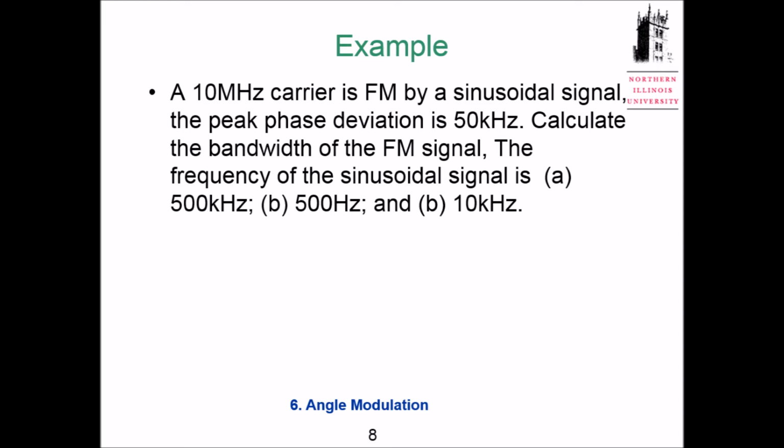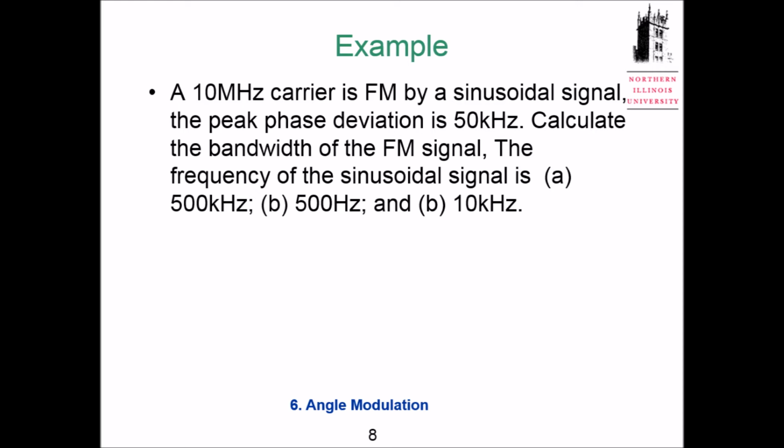Let's go through this example together. My carrier frequency is 10 megahertz. However, it will not play any role in my bandwidth. This will be my baseline, my carrier. So what else do we know? We know the peak frequency deviation is 50 kilohertz.